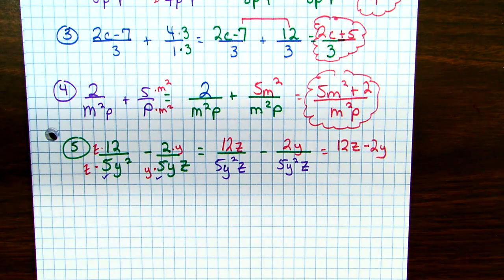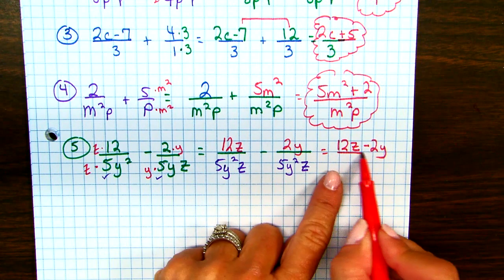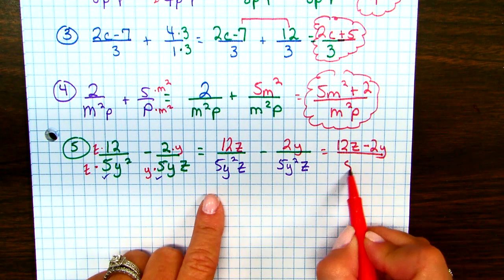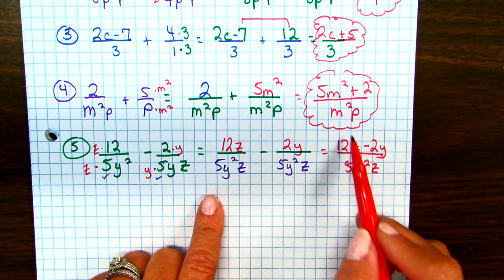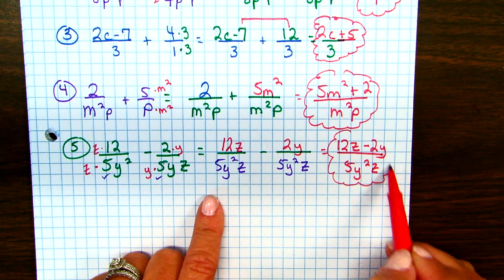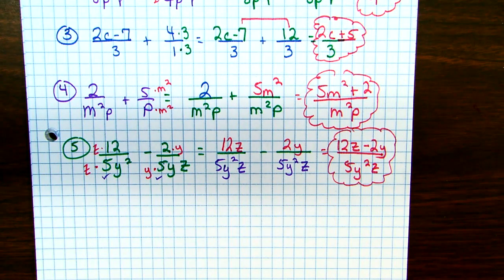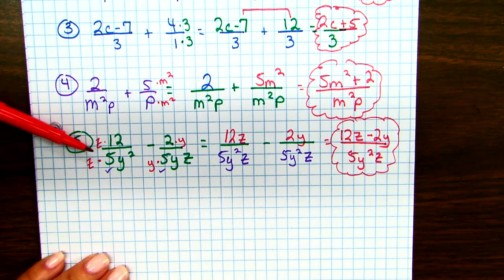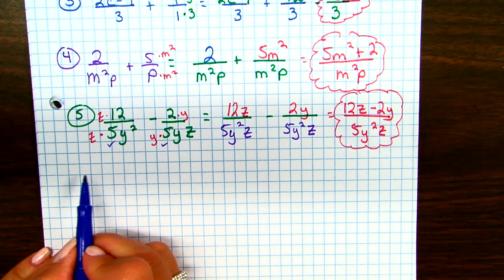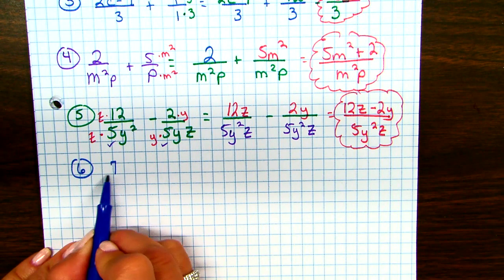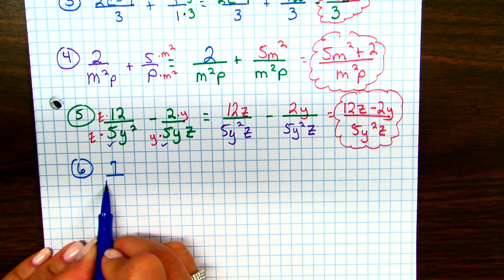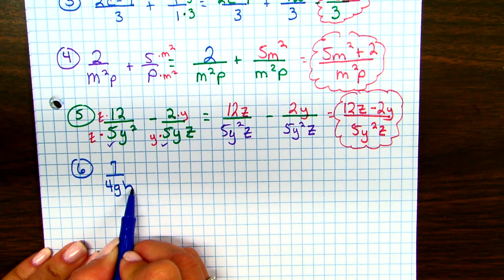Different letters we can't actually subtract and make a 10 or something. But we can just show that they're subtracted over our common denominator. And if 12 and 2 and 5 were all divisible by a number, we would simplify it. I'm hoping this is getting a little bit easier for you guys. Hoping.